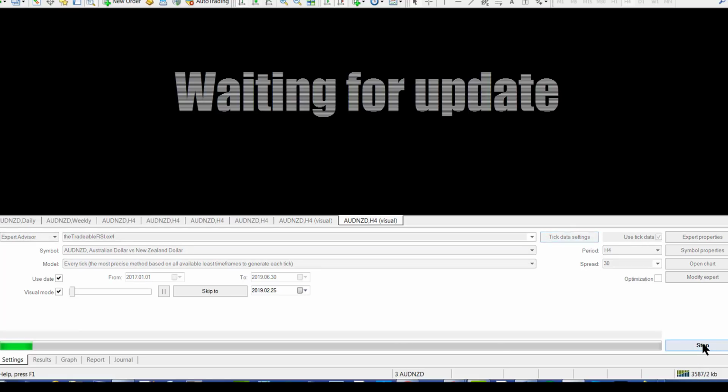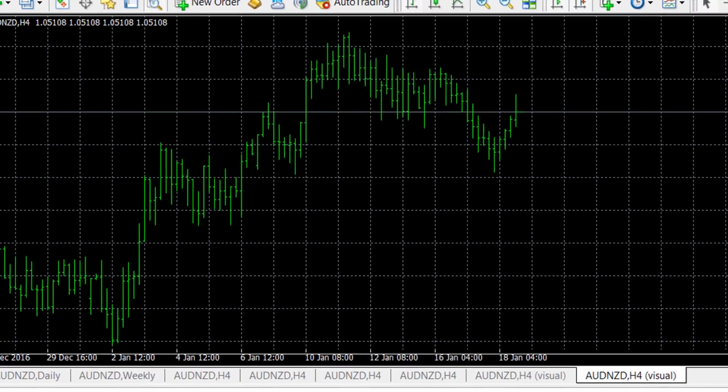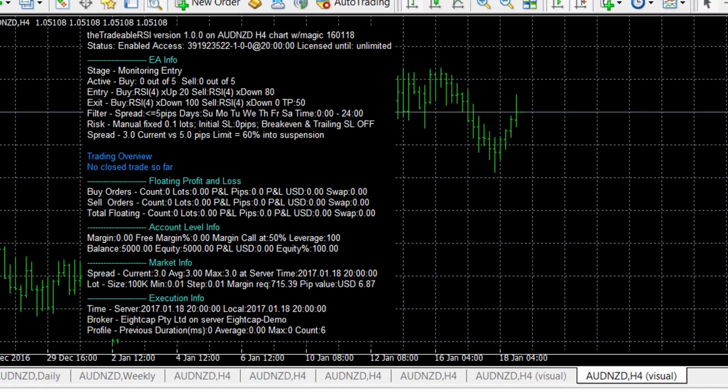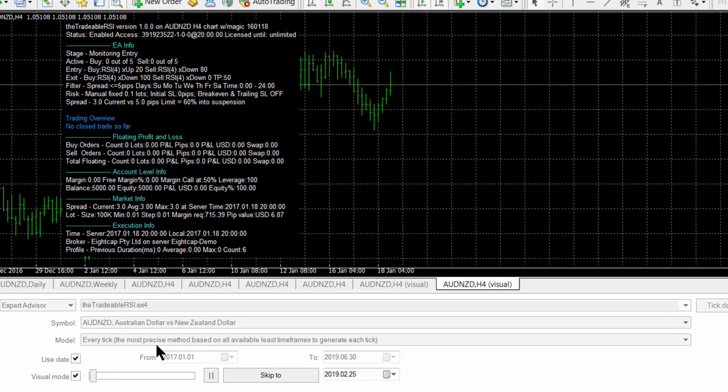It's collecting all the history, and there the EA is loaded and it's ready to run. So it is in fact running, but because it's on every tick, it is very slow.